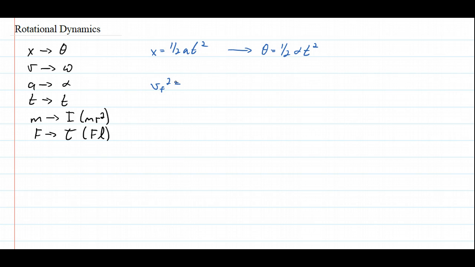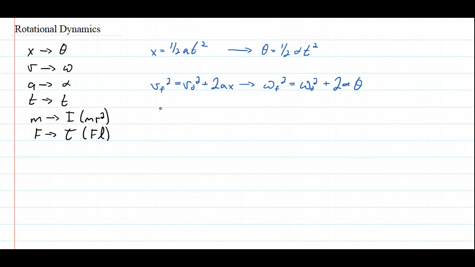Vf squared equals v naught squared plus 2ax simply becomes omega f squared equals omega naught squared plus 2 alpha theta. And so we're just replacing our linear variables with our rotational variables.